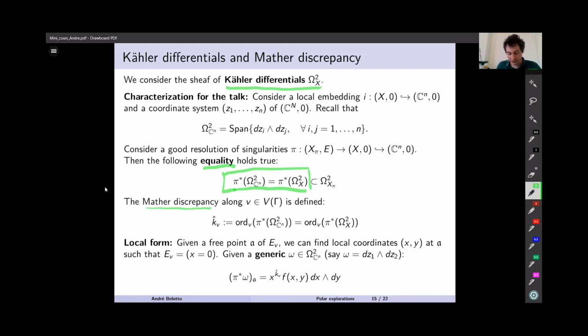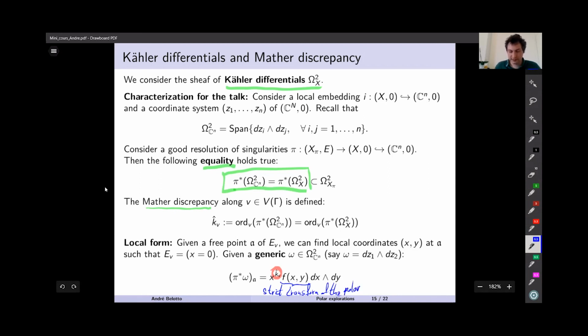Now, if we take a generic element of omega 2 Cn, say, like in the last example, dz1 dz2, and we pull it back, we're going to have this kind of normal form where this term here is the Mather discrepancy, and this F is nothing else than the strict transform of the polar.